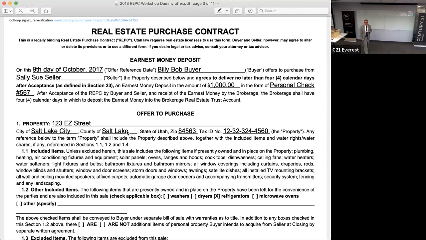The other thing that I've learned along the way is that sometimes you might read through this and a section might not really mean that much to you, until later on when there's an issue that comes up on the contract. My thinking always is, when an agent comes to me and says, hey, I've got a question about this deal, and asks what I think, my first question is always, well, what does the contract say?